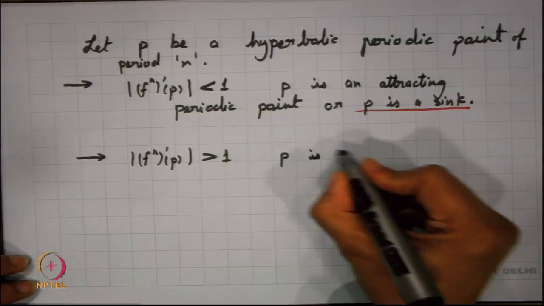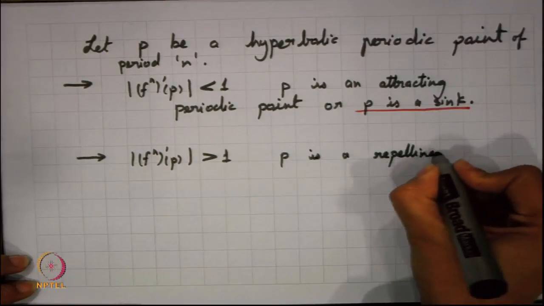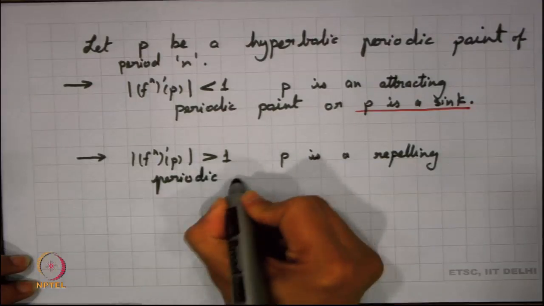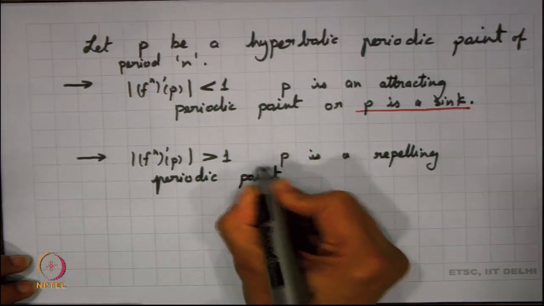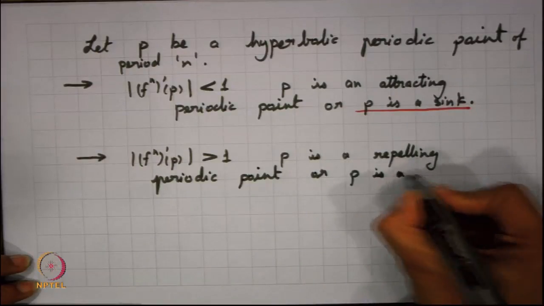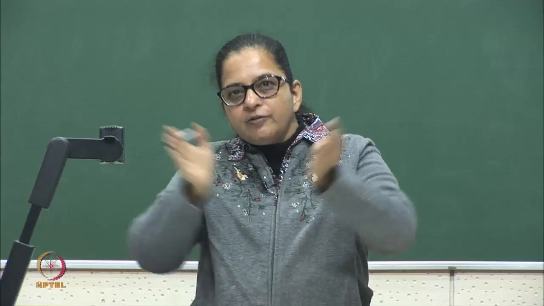So, in that case we say that p is a repelling periodic point, or we say that p is a source. Why do we say it is a source? Because everything moves away from there, so it works like a source.